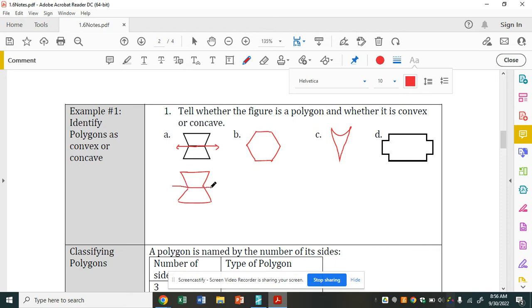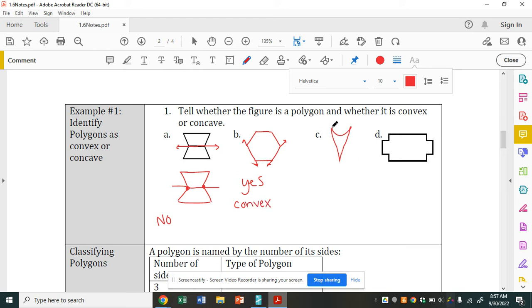But I can't have that side that cuts through the middle because we now have a side that intersects 4 different sides. So they can only intersect 2. So no, A is not a polygon. B, my hexagon here, yep, that is a polygon. And we had already talked about if we extend all the sides, we're never going to have that point that cuts through the middle. So this is a convex polygon.